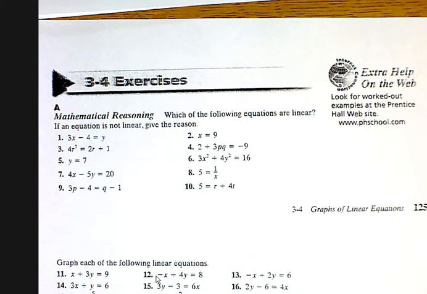That's a no. If it's on the bottom, that's no. And 10 is also a yes. You're always asking yourself, it can't have squares, multiplication, division. If it doesn't have those, then it is linear.